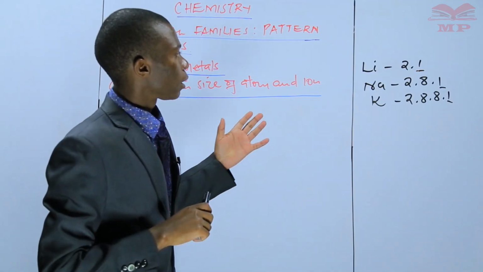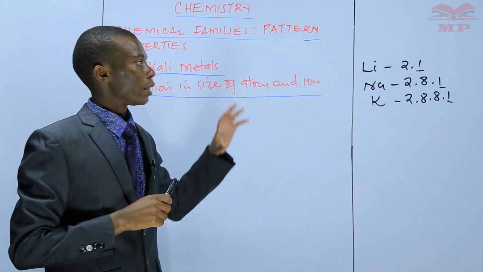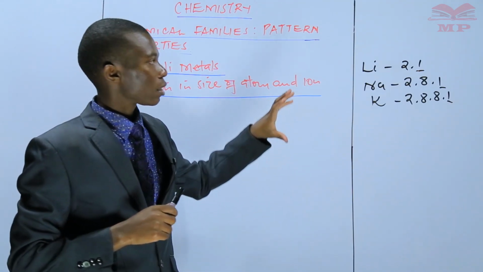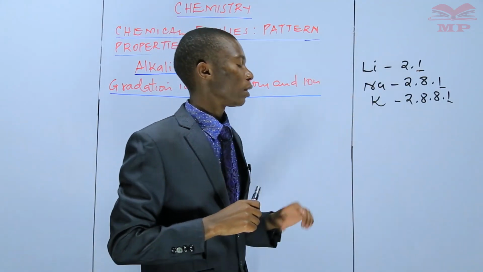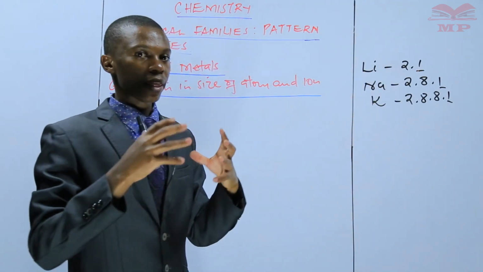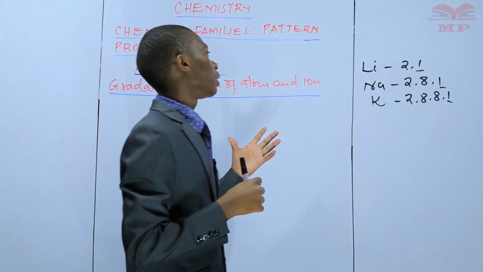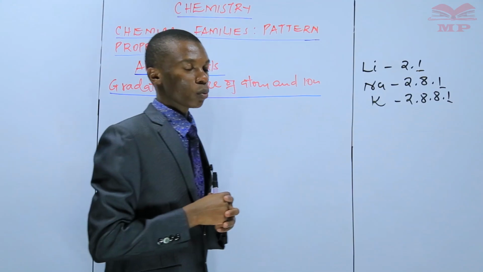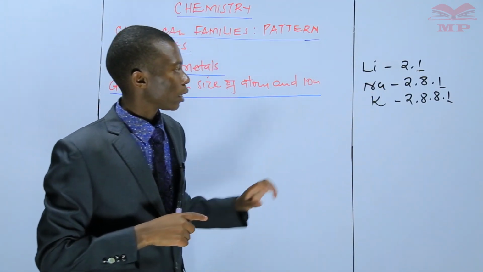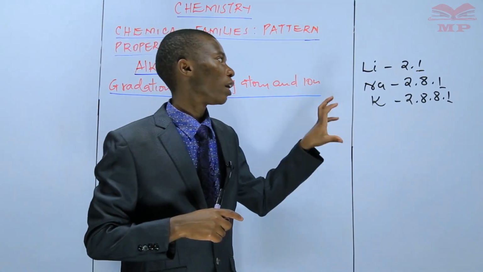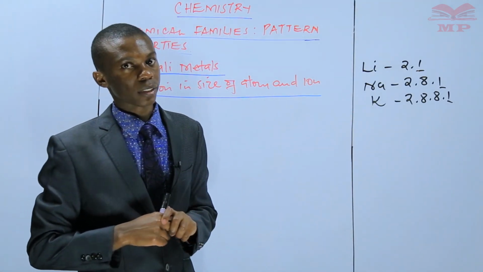If you look at those three elements, the sizes are different. Lithium is the smallest and potassium is the largest, depending on the number of energy levels present. Lithium has 2 energy levels occupied by electrons, sodium has 3, and potassium is the largest with 4 energy levels occupied by electrons.